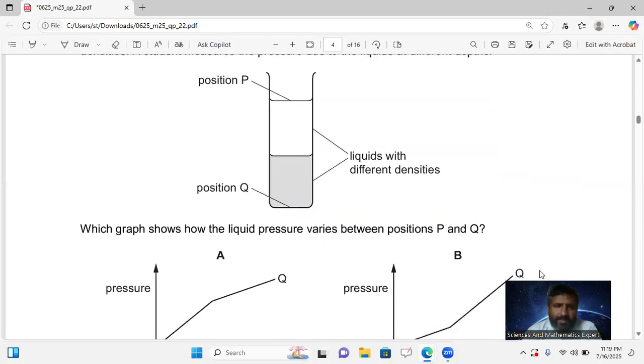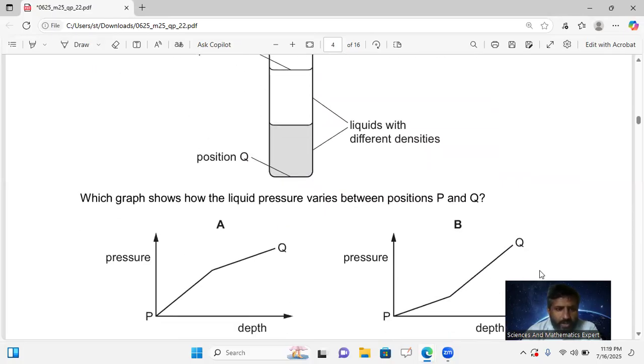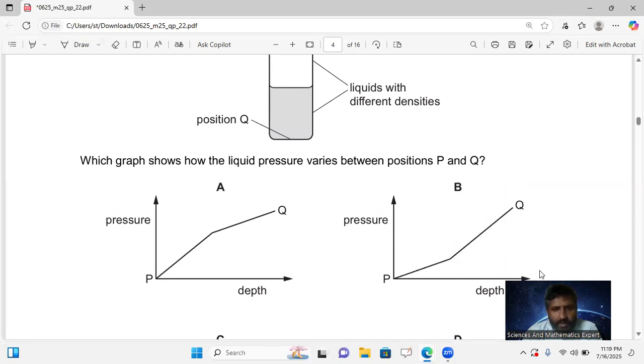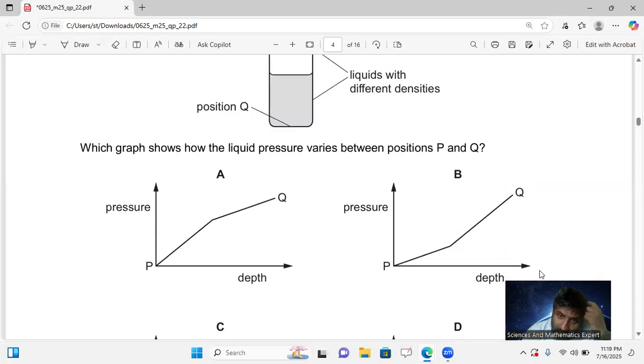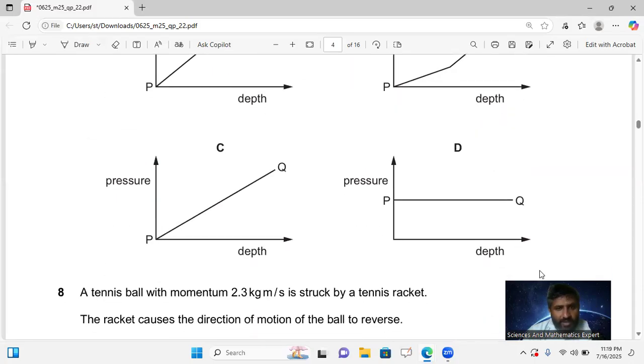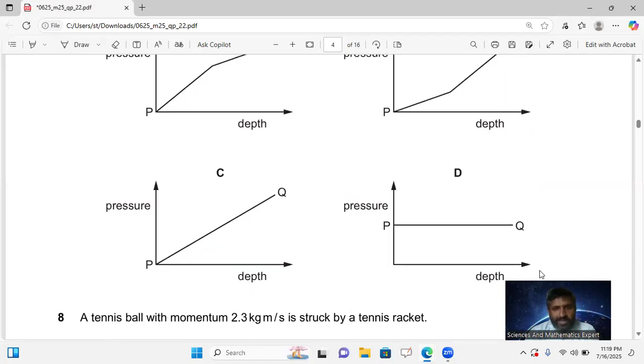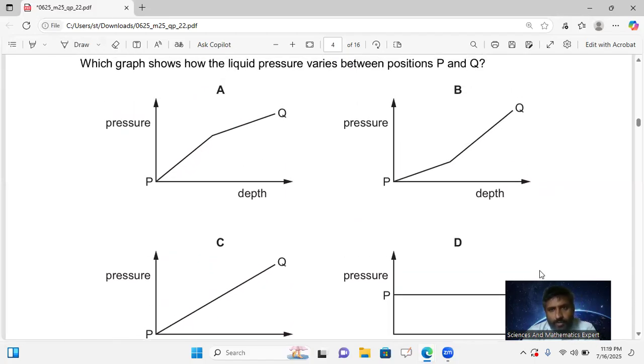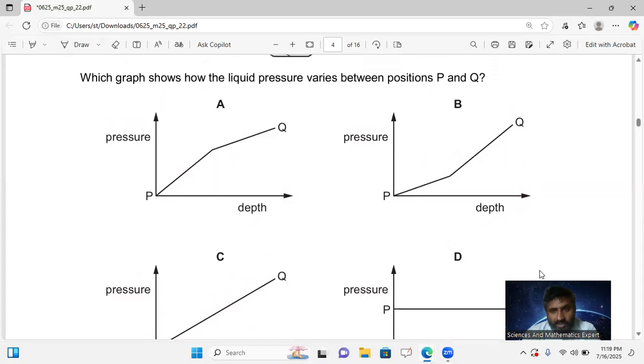Okay, P is equal to rho g h should be taken. Which graph shows how the liquid pressure varies between positions P and Q? So pressure and depth is given in these forms.